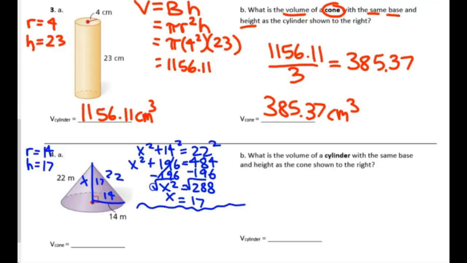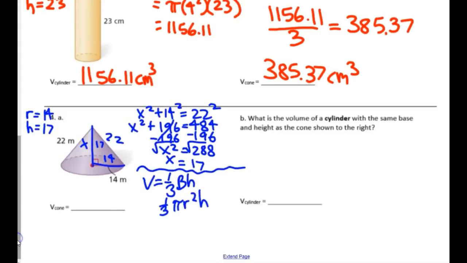So let's use the formula. What's the formula for a cone's volume? Is it BH or 1/3 BH? 1/3 BH. And that's really 1/3 pi r squared h. Which is really 1/3 pi 14 squared times 17.